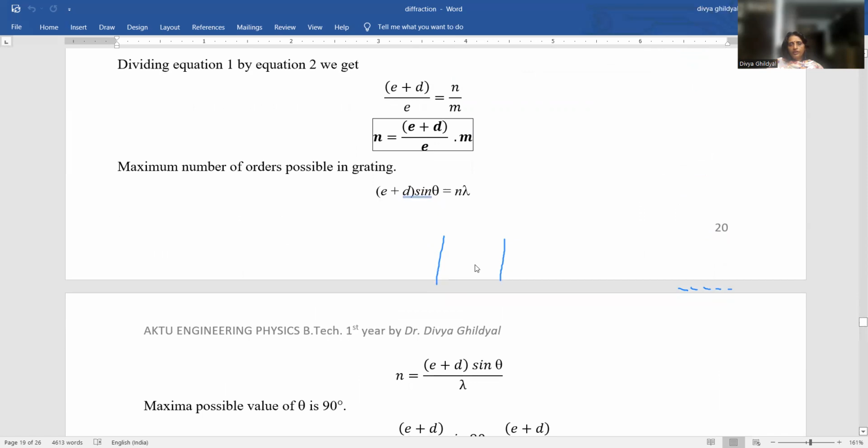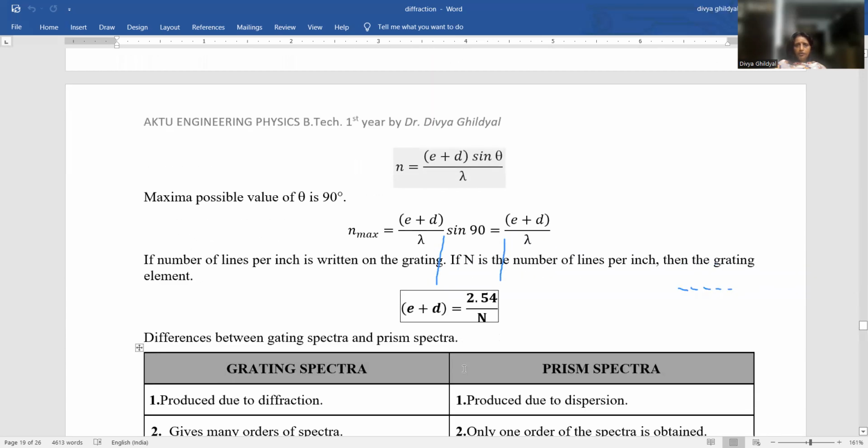Maximum number of orders that are possible in a grating: (e+d) sin theta is n lambda, so n is (e+d) sin theta by lambda. The maximum possible value of sin theta, at 90 degrees, is 1. So n maximum is (e+d) by lambda.